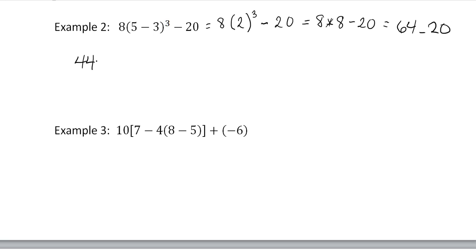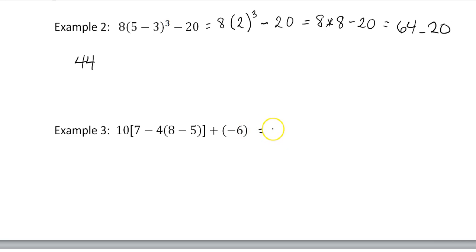All right, so here I have one of the cases where I have groupings where we have to deal with the innermost first. I have my 10 multiplying this whole thing, and if you look inside of that whole thing, there's this equation or this quantity that we have to address, and then there's this thing on the end that we're going to deal with.